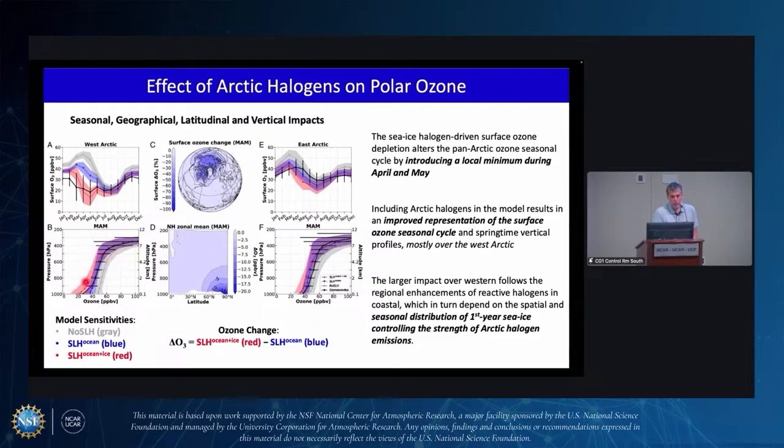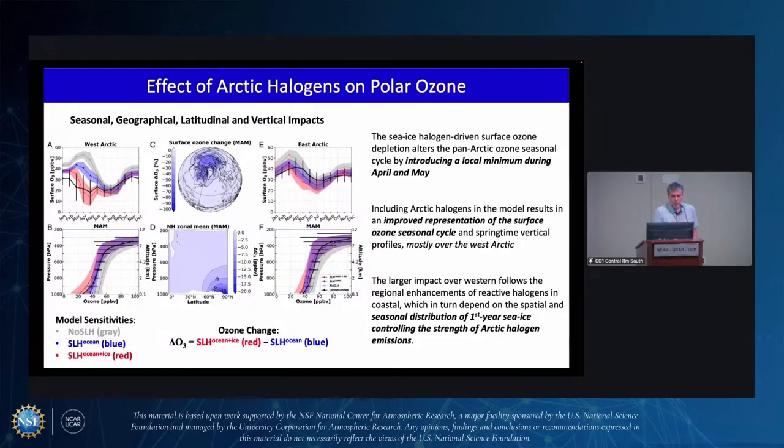Close to the surface, perhaps the model overestimates the reactions in ozone a little bit, but it's the only way we can capture some of the values at the surface using this scheme. If we move to the East Arctic, we can see that the three model configurations basically overlap. The more halogens we emit, the less ozone we have, but they more or less show the same seasonal cycle, and the model reproduces that well.